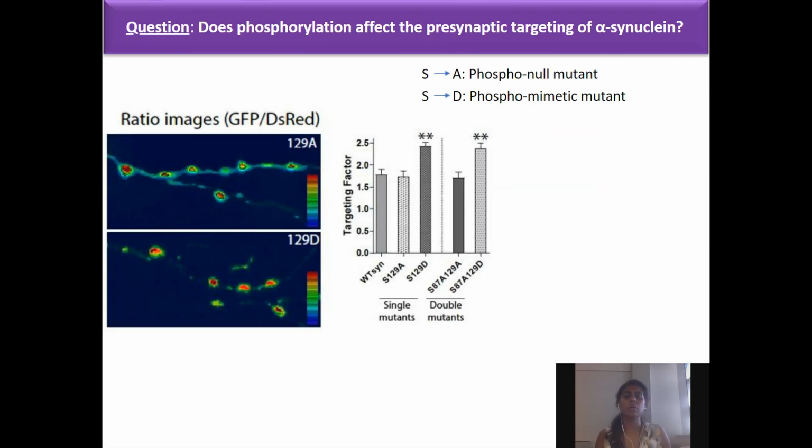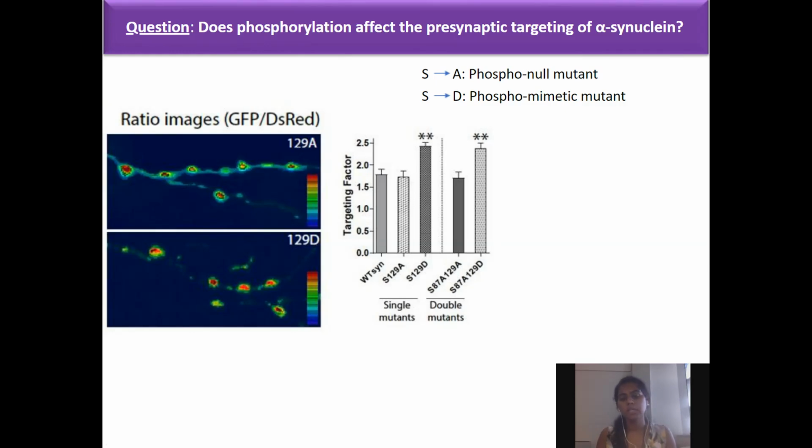So does phosphorylation affect the presynaptic targeting of alpha-synuclein? To test this, we co-transfected the phosphosynuclein mutant constructs and DsRed and looked at localization at the presynaptic terminal. Strikingly, the image shows that the 129 phosphomimetic mutant, the 129D mutant, augments synaptic targeting of alpha-synuclein.